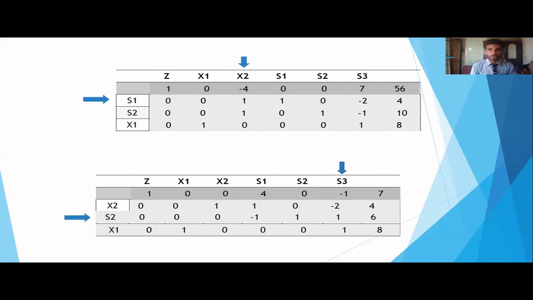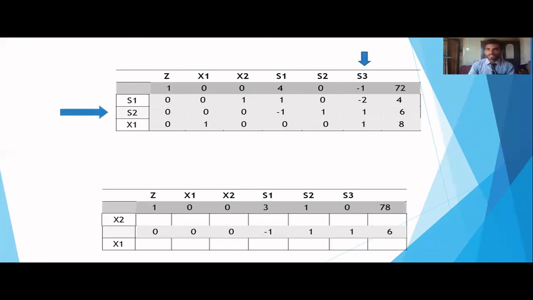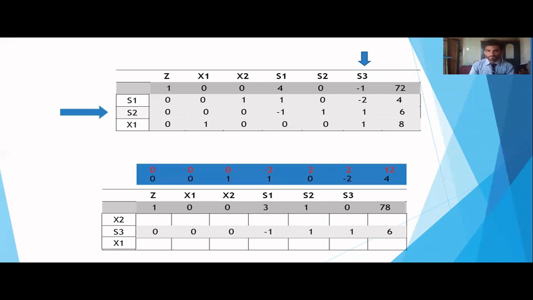We will reduce the information to make room for the fourth table. Our new basic variables will be x2, s3, and x1. The number found in the intersection of the entering and leaving variables is 1. So let me move this row, dividing by 1, and now we will convert the other elements in the S3 column into zeros.